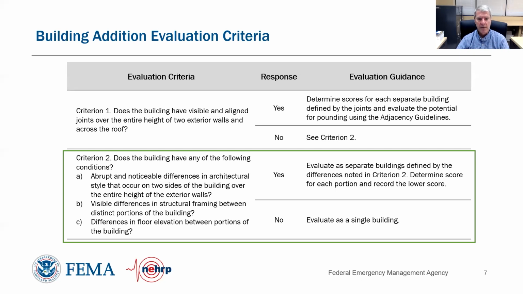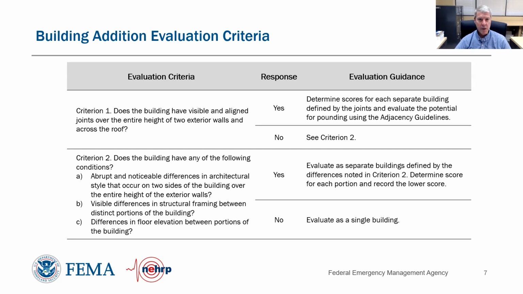And so if any of those, A, B, or C, is true, then I have two separate buildings and I evaluate them separately. If not, then I evaluate it as a single building for the whole thing. So that's our adjacency evaluation criteria.